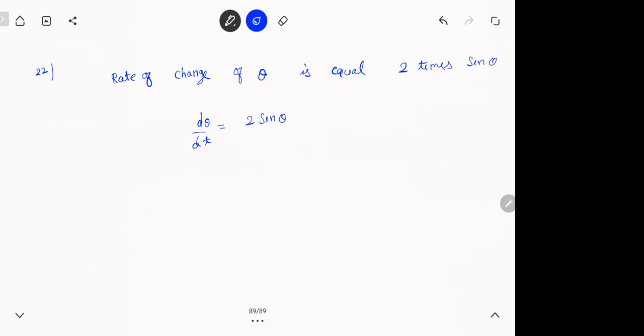Find an angle theta which increases twice as fast as sine. How to go from here?